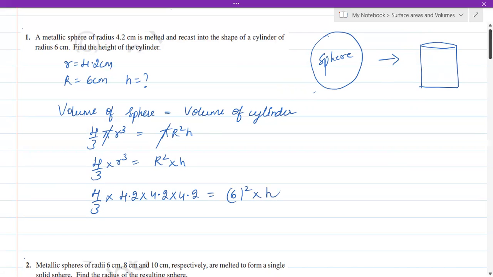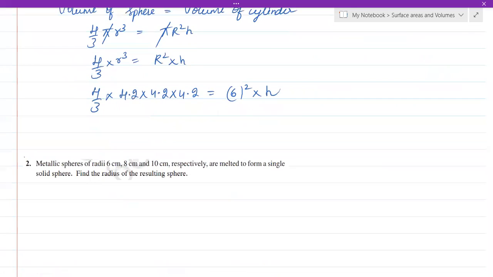So 6 square is 36, isn't it? In the next step, we can cancel. 3 ones are 3, 1 carry, it becomes 12, 3 fours are 12, so it becomes 1.4. What we are left with is 4 into 1.4 into 4.2 into 4.2 is equal to 36 into H. What we need is H, so let's transpose 36 to the other side.